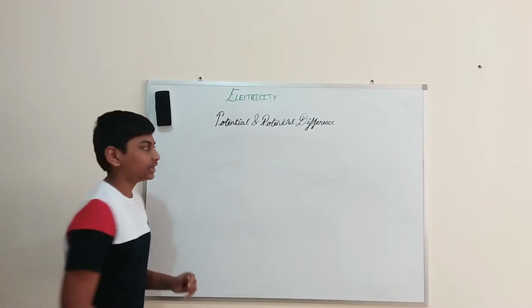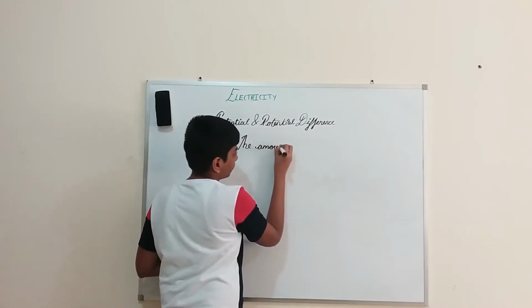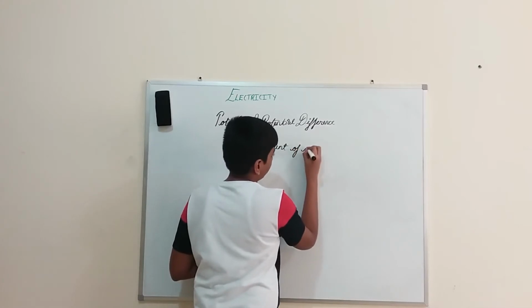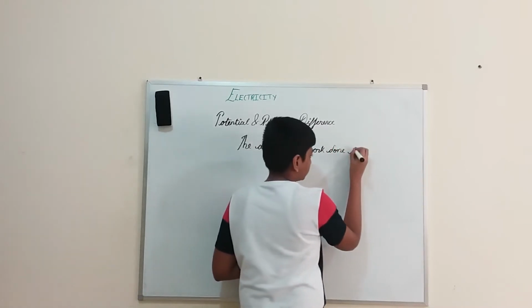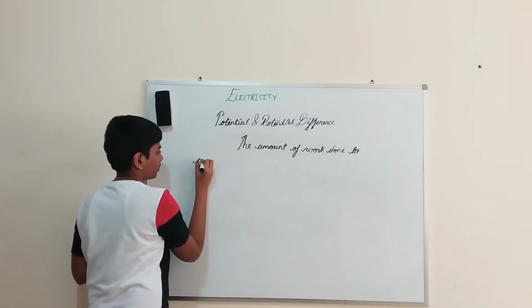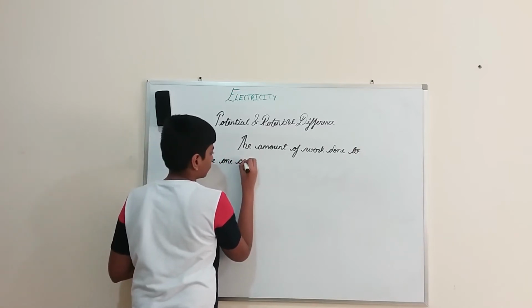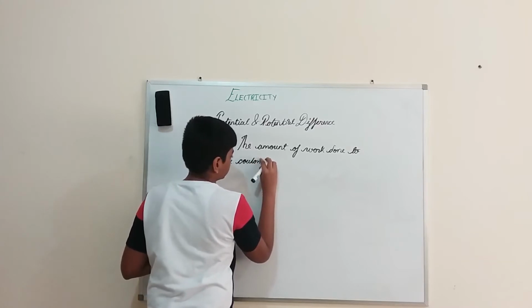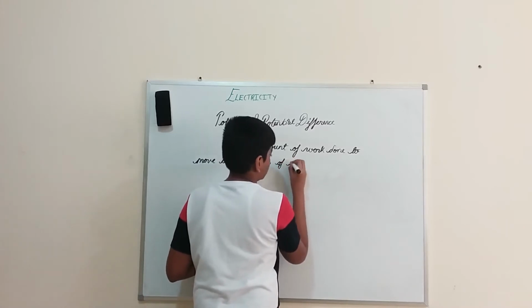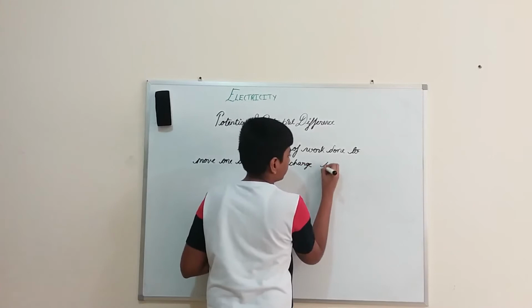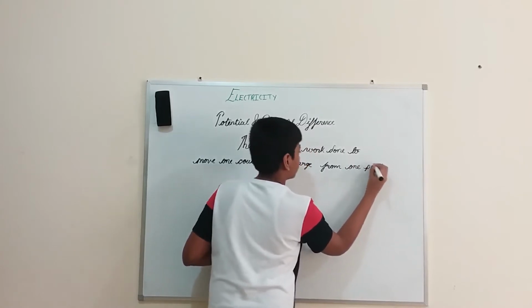Potential difference is the amount of work done to move one coulomb of charge from one point to another.